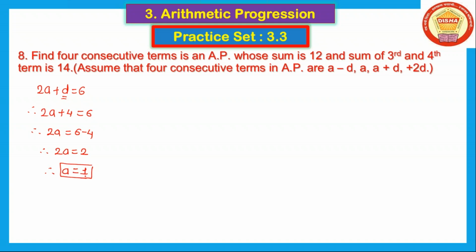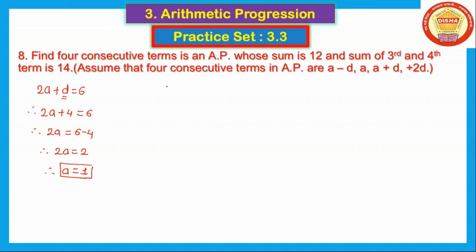We find the value of d, which is 4, and the value of a, which is 1. Then what is the question? We have to find the values of the 4 consecutive terms.